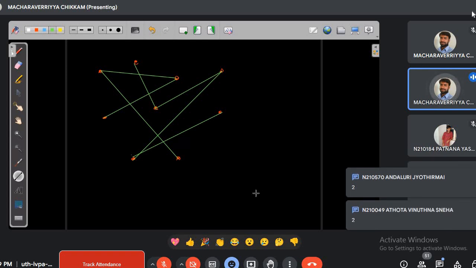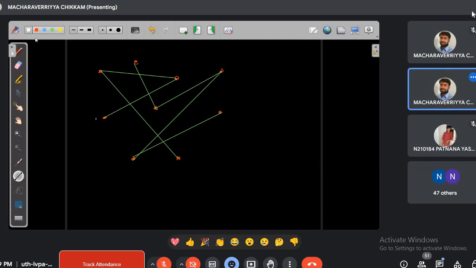Yeah, two connected components, right? So let me name the two connected components. Let me assign the vertices names A, B, C, D. This is one component. The other component is E, F, G, H, I. So you can see two connected components here.